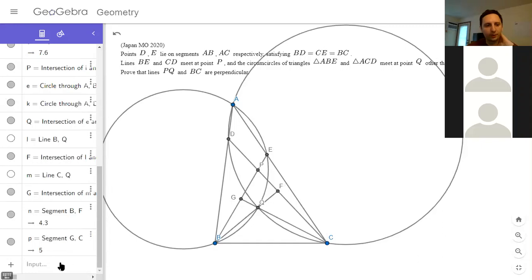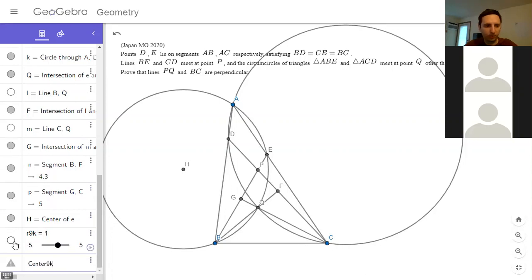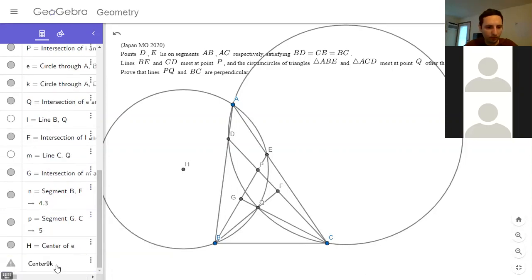But let's draw the centers of those circles. So center E, center K. Whoops. I hate it when GeoGebra does this. Center of K.